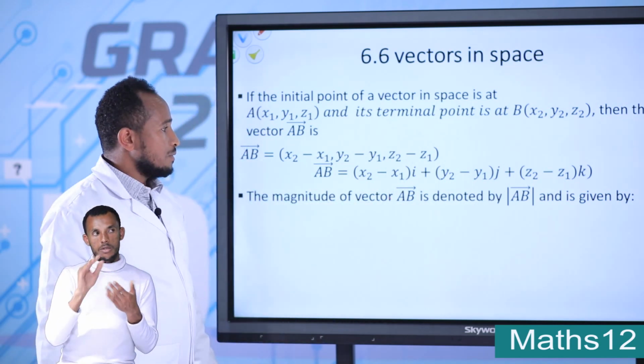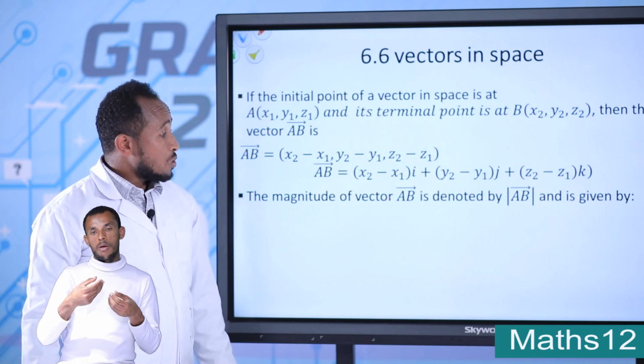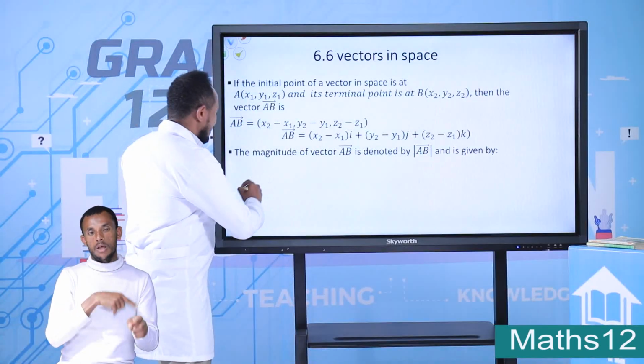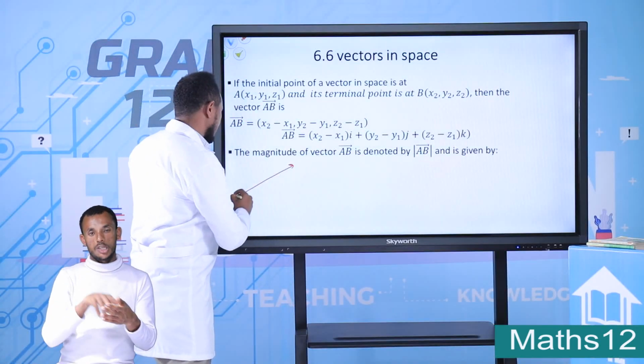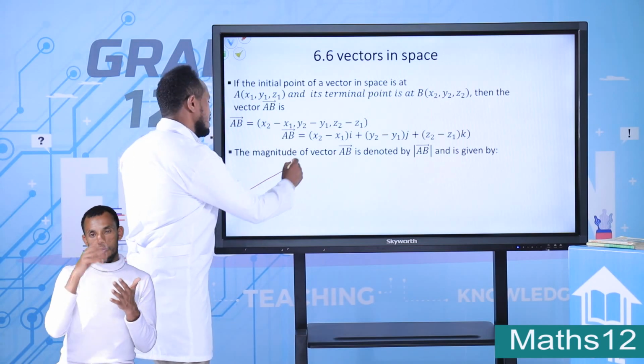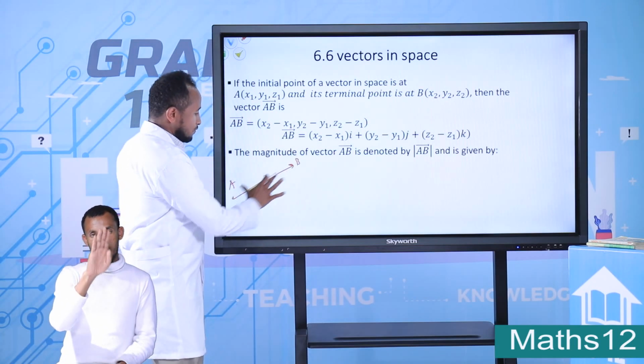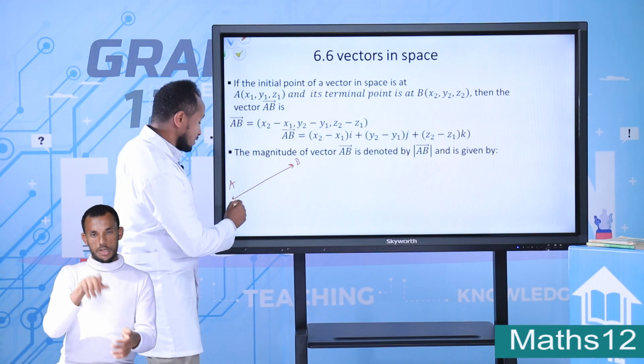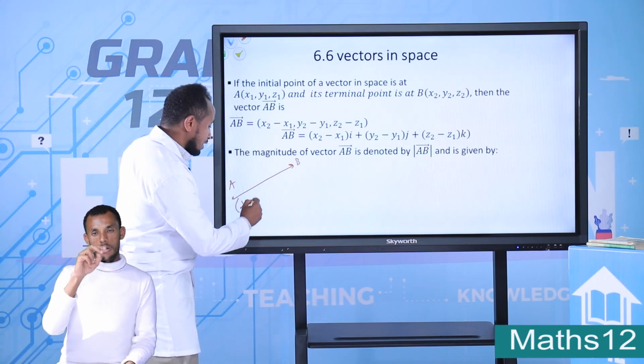The magnitude is the length, so simply you apply the distance formula. You have two points, A (x1, y1, z1) and B (x2, y2, z2), and we need to find this length, the magnitude.